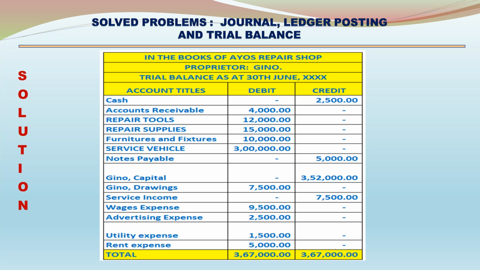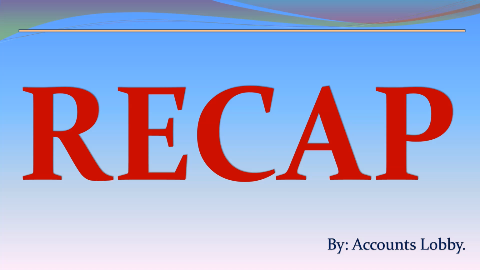Gino Capital: credit 352,000. Gino Drawings: debit 7,500. Service Income: credit 7,500. Wages Expense: debit 9,500. Advertising Expense: debit 2,500. Utility Expense: debit 1,500. Rent Expense: debit 5,000. Total debits 367,000. Total credits 367,000. Recap.